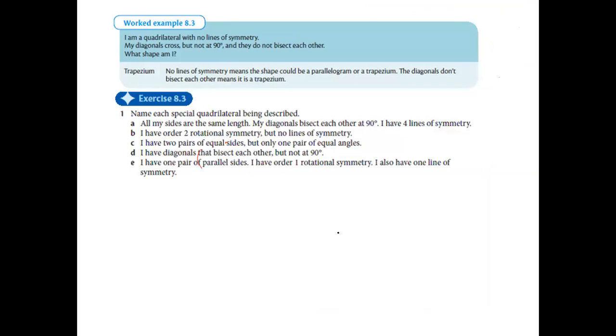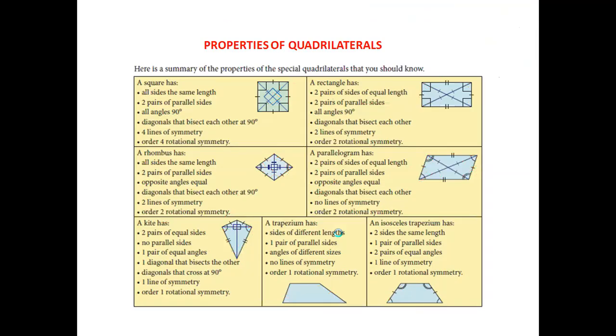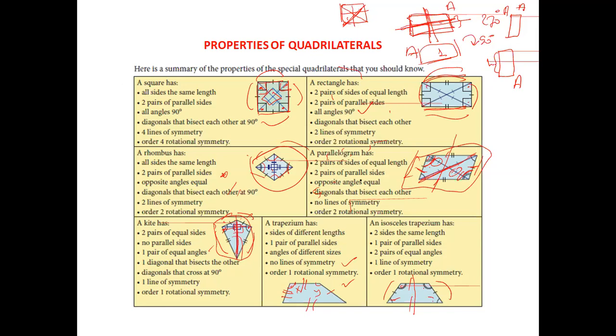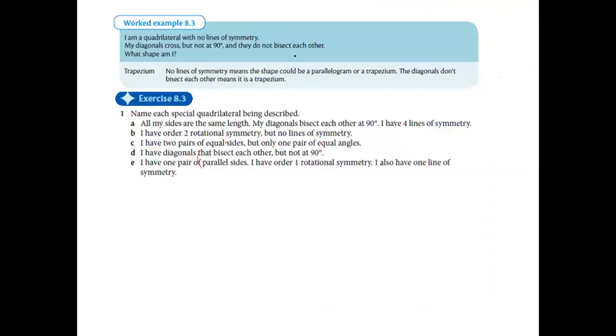Here you will see we have diagonals that bisect each other. And here there is no such statement, I mean, the diagonals do not bisect each other. So what shape am I? Of course, a trapezoid.